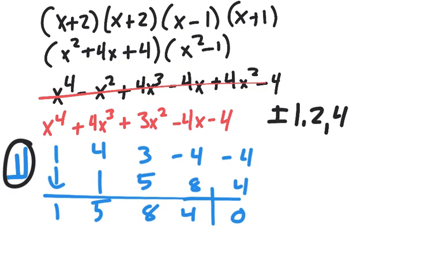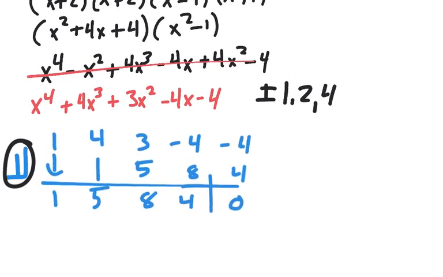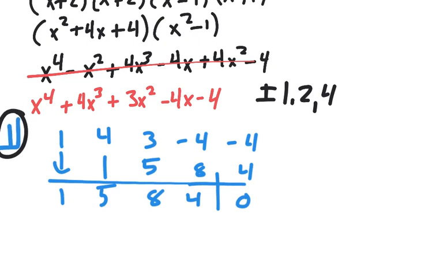And now my new depressed polynomial is an x cubed term. So I still have to do synthetic again. I could try 1 again, but I know 1's not going to work. So I'm going to try -1. Actually, let's just do this. Let's try -2.